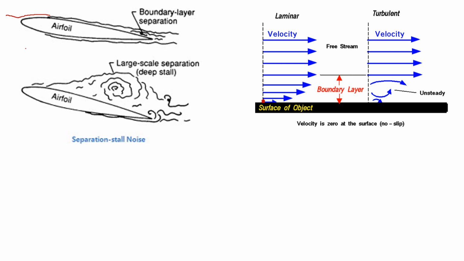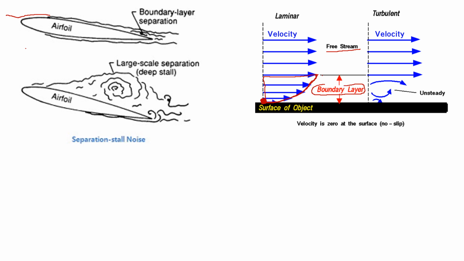So here we have a fluid particle on the surface of the object, but as it moves away from the surface, it creates a certain type of velocity profile. And when this fluid particle attains the velocity of the free stream, this region is called the boundary layer.